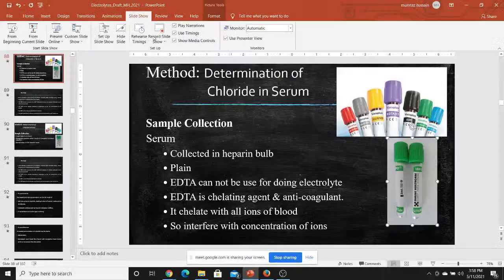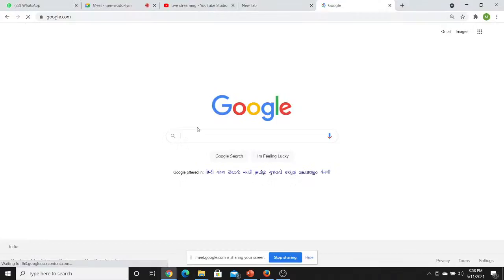So these are called vacuates. I'll just Google and show you different pictures of vacuates.